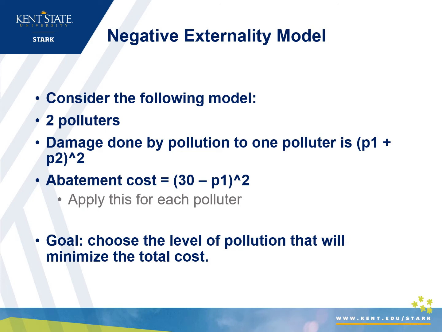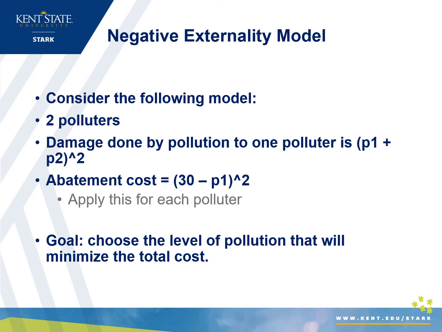Abatement cost, then, is going to be all based on 30 minus the amount of pollution that a particular polluter emits. So let's just think about polluter 1 here. If they're allowed to pollute 30 units, if that is the decision they make, then they don't have to pay any abatement cost. We'll just say that if they normally produce without taking any kind of precautions to reduce the amount of pollution that they're creating, then 30 units of pollution is it.